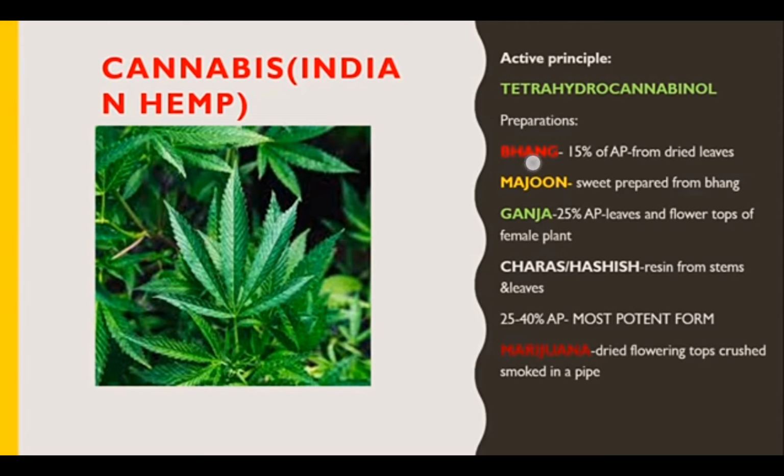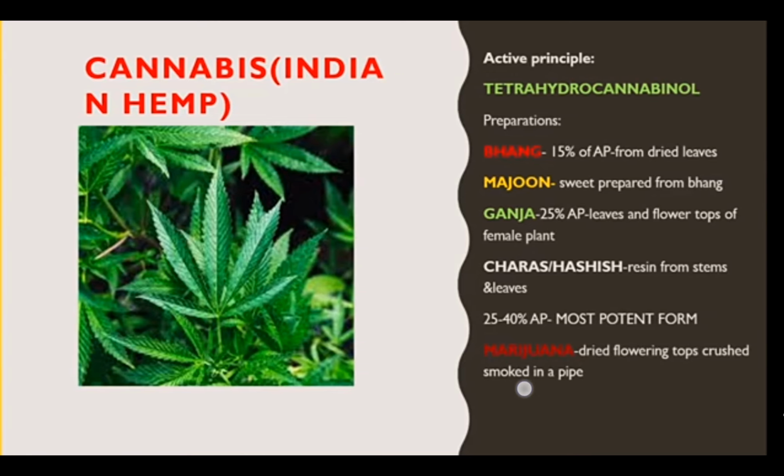Bhang is 15% from the dried leaves. Majoon is a sweet preparation. Ganja is 25% from the leaves and flower tops of the female plant. Charas or hashish is from the stems and leaves. Marijuana is dried flowering tops crushed and smoked in a pipe.